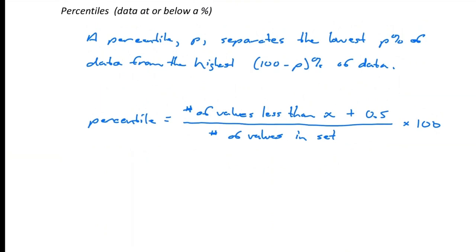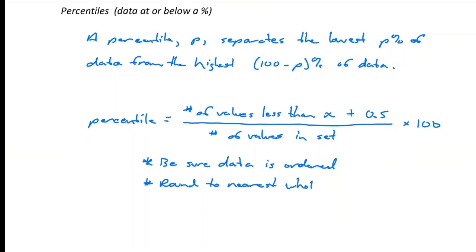Speaking of a couple of things here, and then I'll talk about the 0.5 in relation to this. First of all, we need to be sure that the data is ordered. So again, much like finding median, we want to make sure that our data is in order from lowest to highest. And then secondly, we want to always round to the nearest whole number.